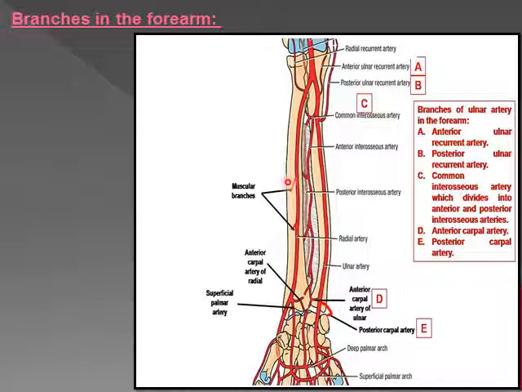So the ulnar artery in the forearm gives the following branches: anterior ulnar recurrent, posterior ulnar recurrent, common interosseous, anterior carpal branch, and posterior carpal branch.